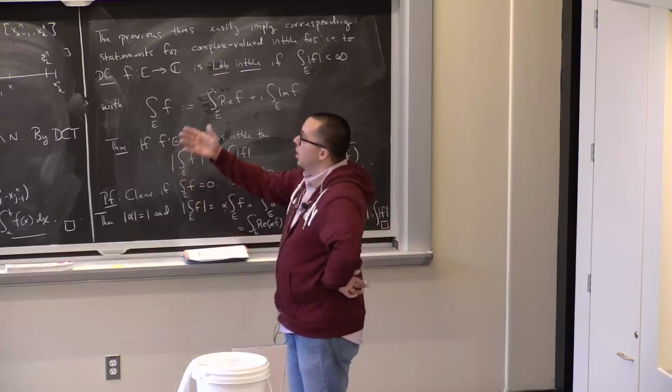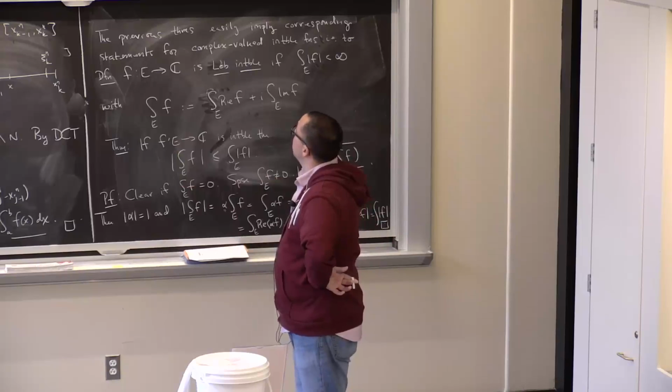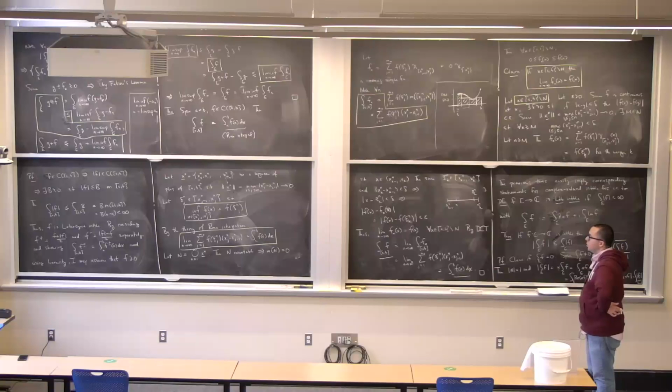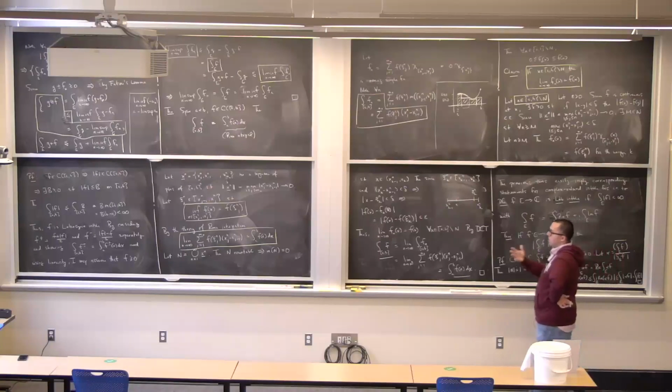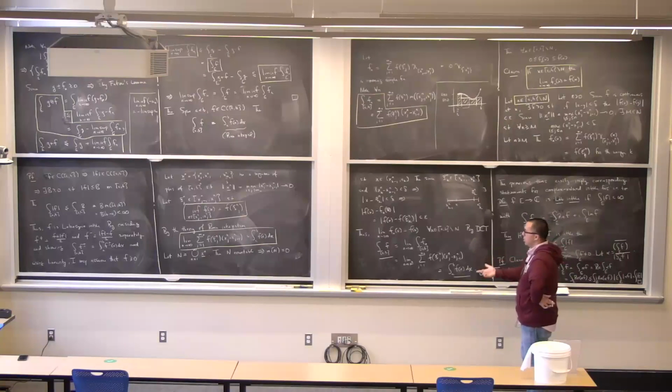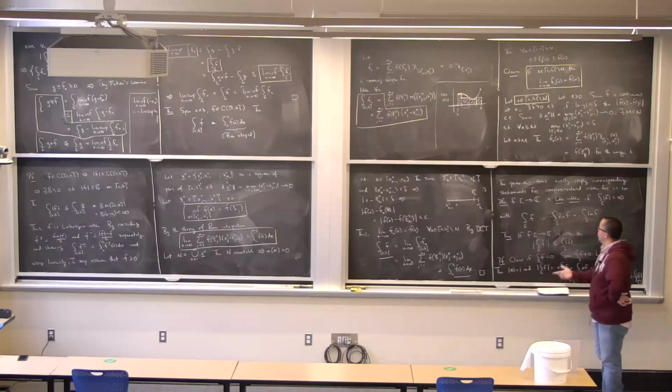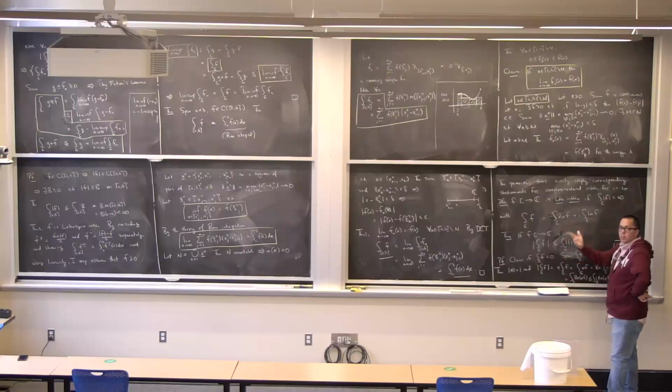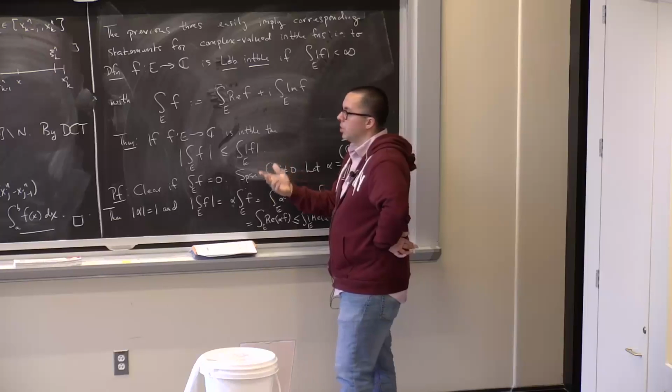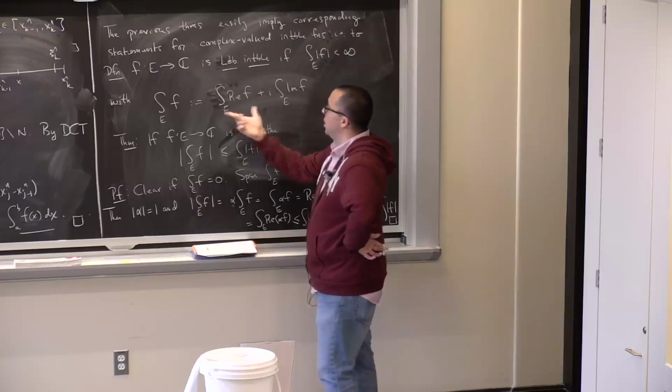But statements about, for example, complex valued continuous functions, the Lebesgue integral equaling the Riemann integral, that follows immediately because the Riemann integral of a complex valued continuous function is just defined to be the same thing.